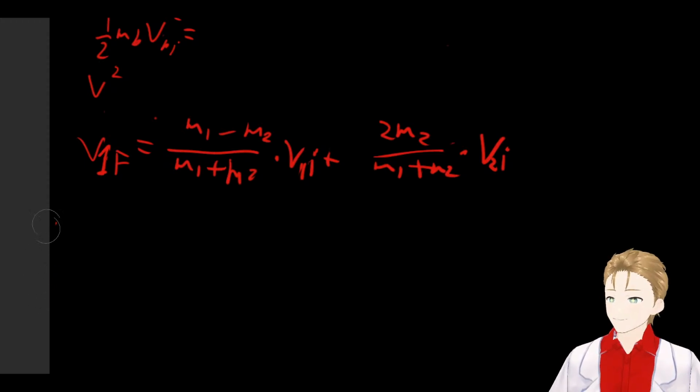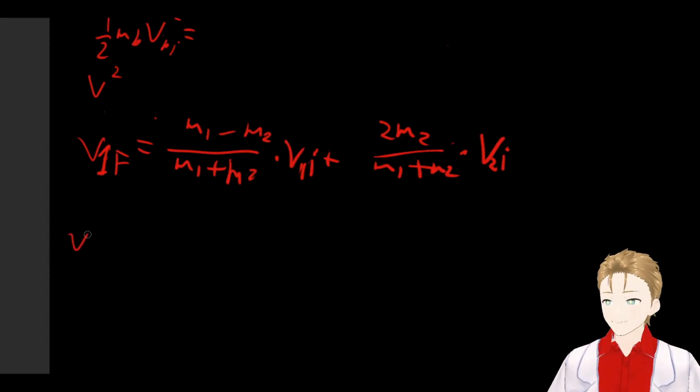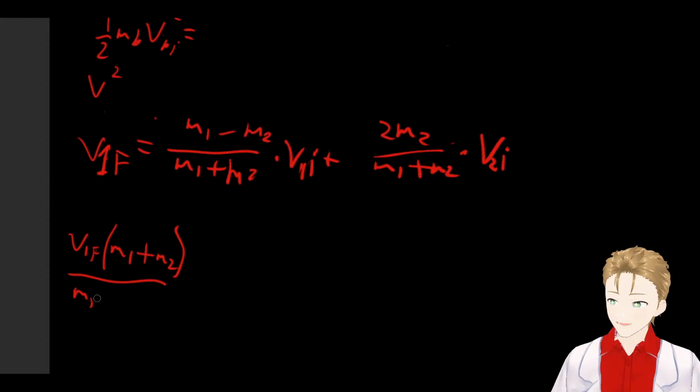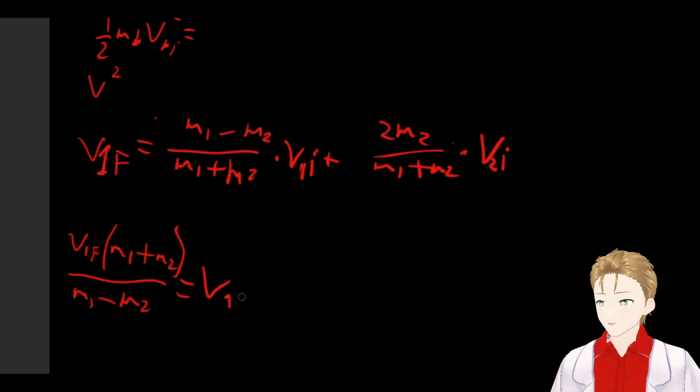What's the easiest way to get rid of it? Actually, I could just isolate it differently. So v1 half times m1 plus m2 divided by m1 minus m2 equals v1 initial.